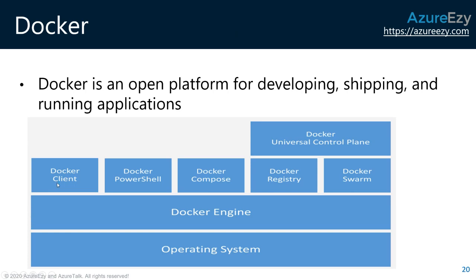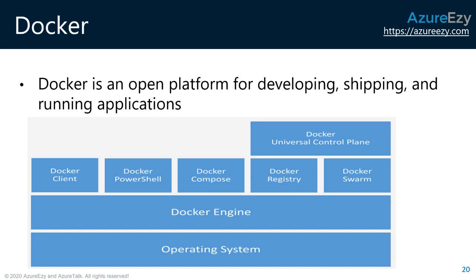Docker gives you a lot of commands, which I will go through after this. In the Docker client, you give the Docker command, and it uses the REST API to send instructions either to a local Docker server or a remote Docker server.